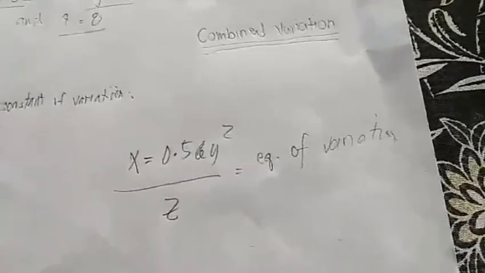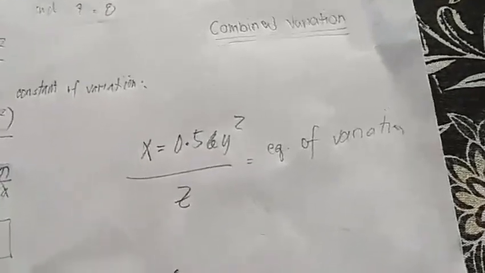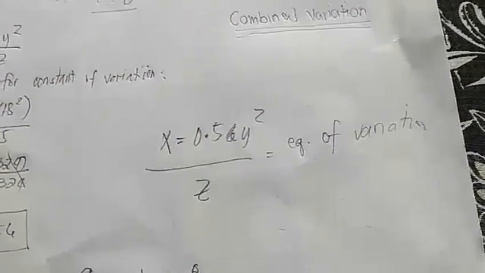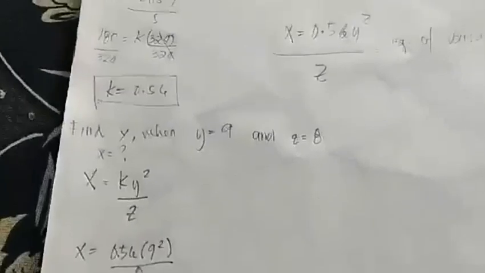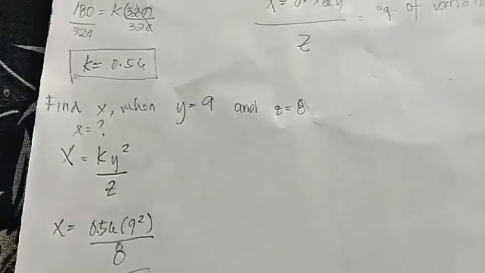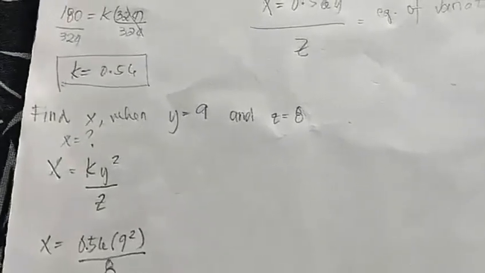Our equation of variation is x is equal to 0.56 y squared all over z. Next, find x when y is equal to 9 and z is equal to 8.